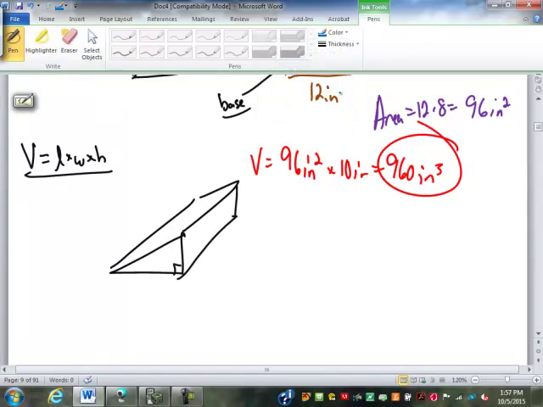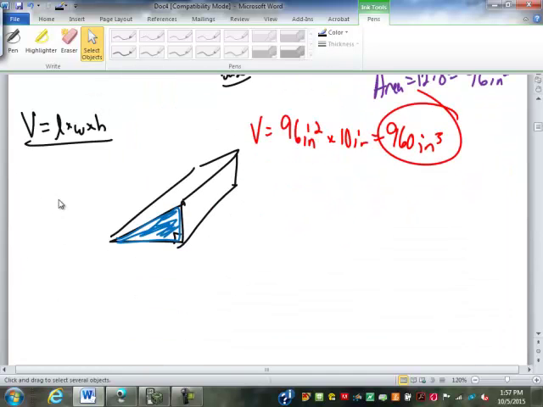The base of this is not the bottom. The base of this is this triangle right here, because that is the shape that the whole object is based off of. It can basically slide through the whole object.